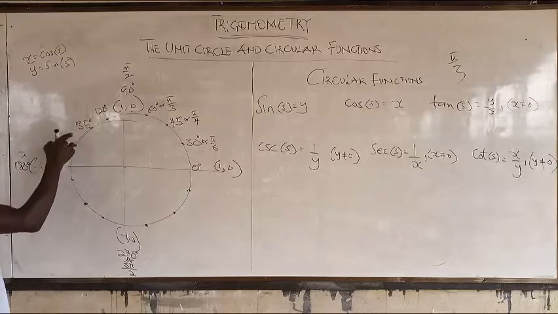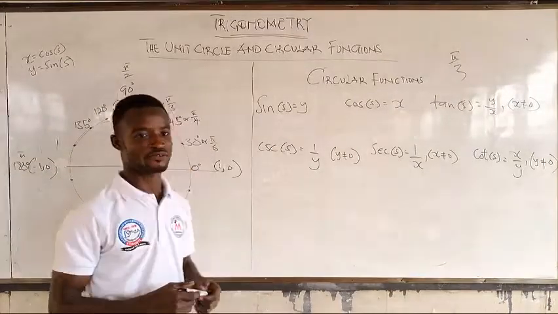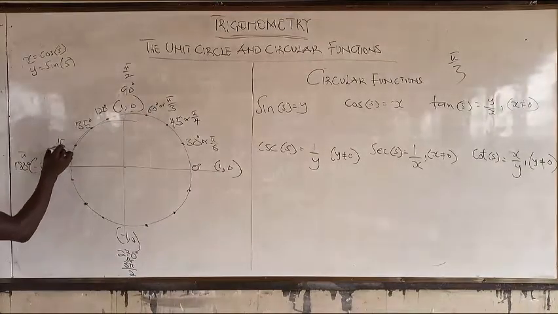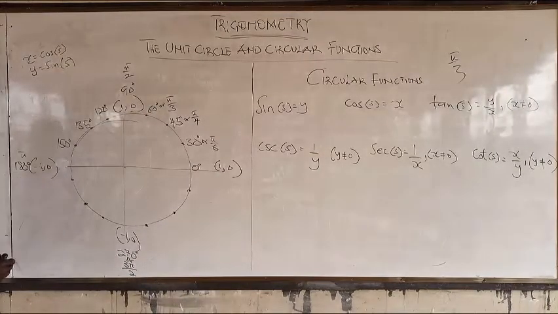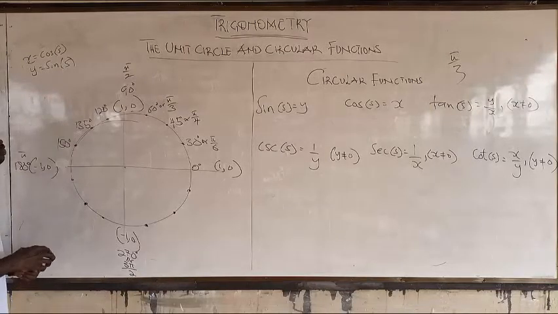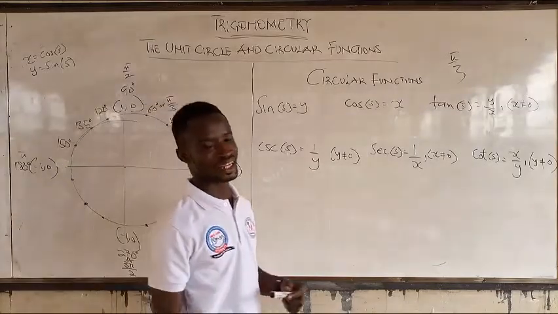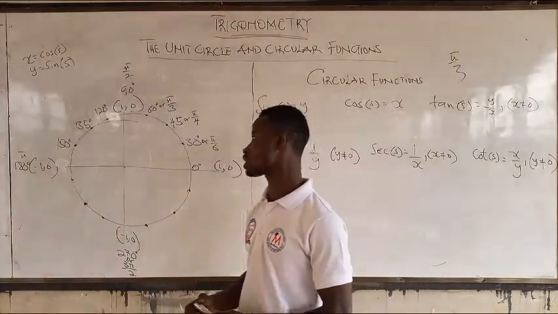And 15 to this is going to give you 150. Here is going to be 150 degrees. So from 150 to 180 is 30 degrees. So you can see that.